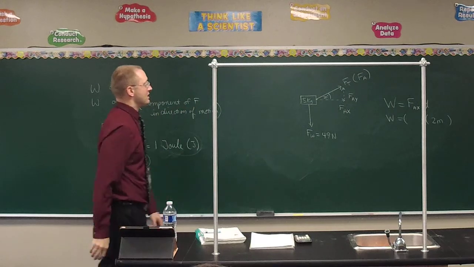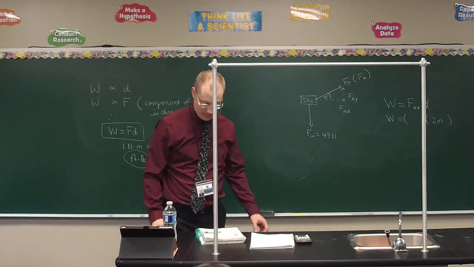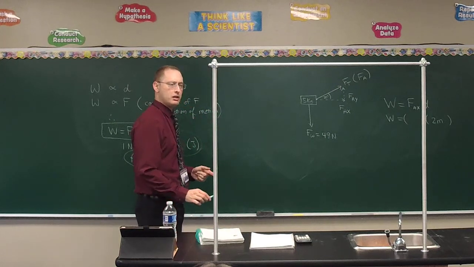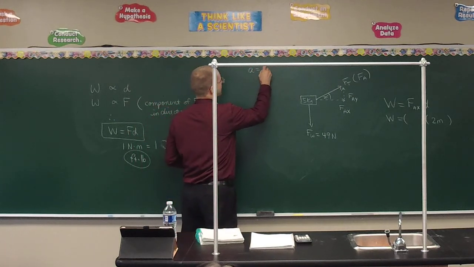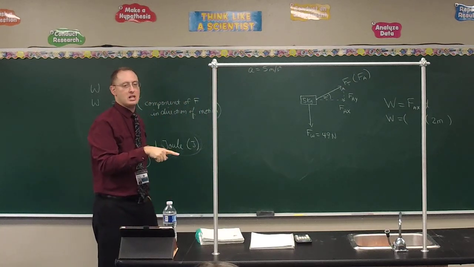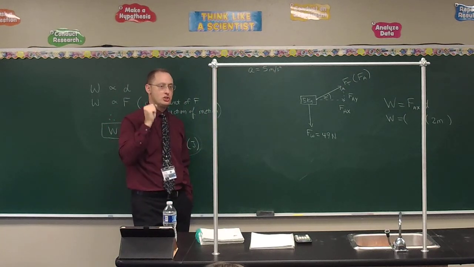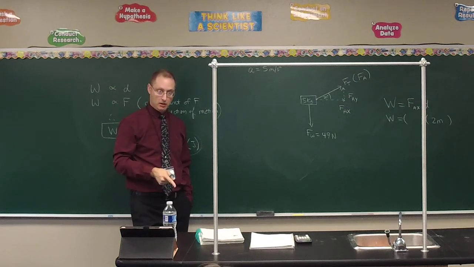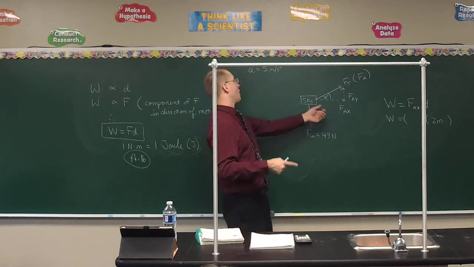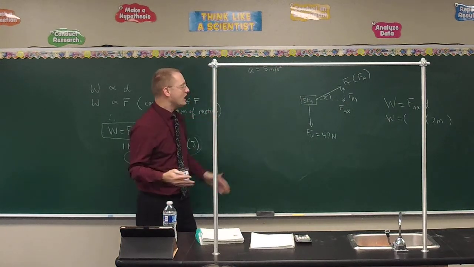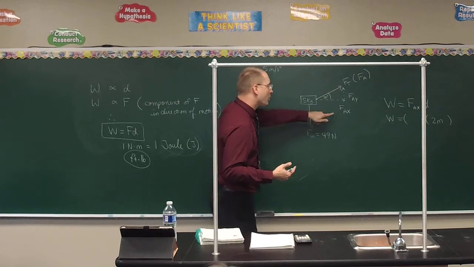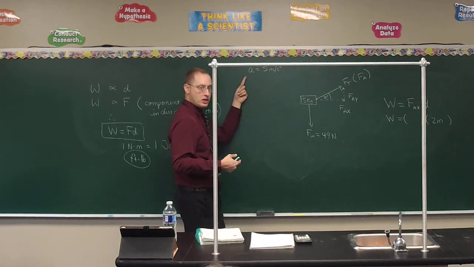Well, that makes it easy. What else do they give me right off the bat? Acceleration. The acceleration is 5 meters per second squared. Well, if there's acceleration, it means that one of the forces is winning, right? Which, of course, the applied force in the X is winning. There is no friction to resist it. So whatever the applied force in the X is single-handedly causing all this acceleration.